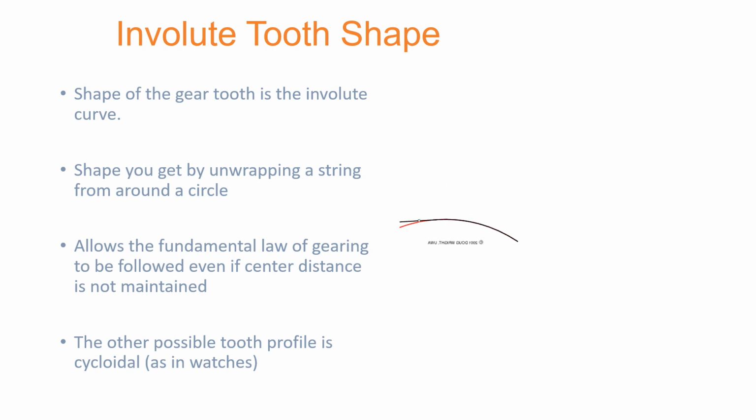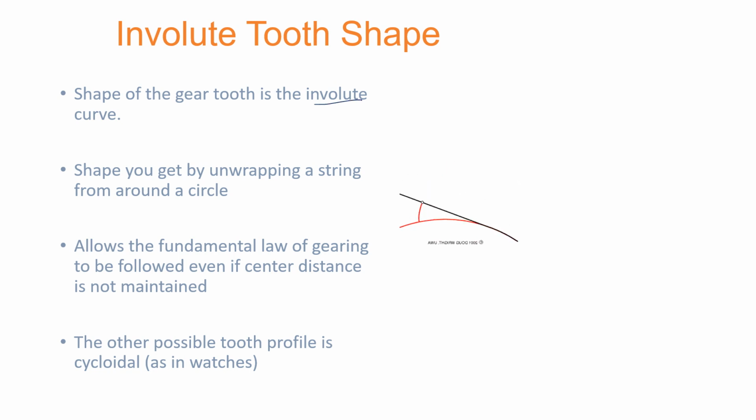Now, the tooth shape should have the ability to remain engaged with the other meshing gear, but without violating the fundamental law of gearing. And that's where the involute curve is going to play its part.